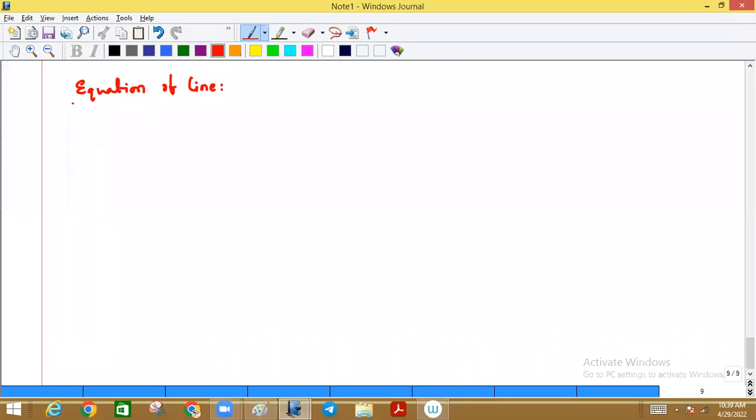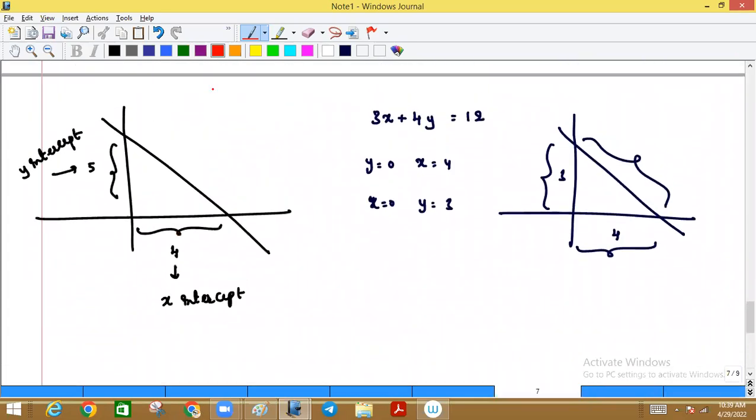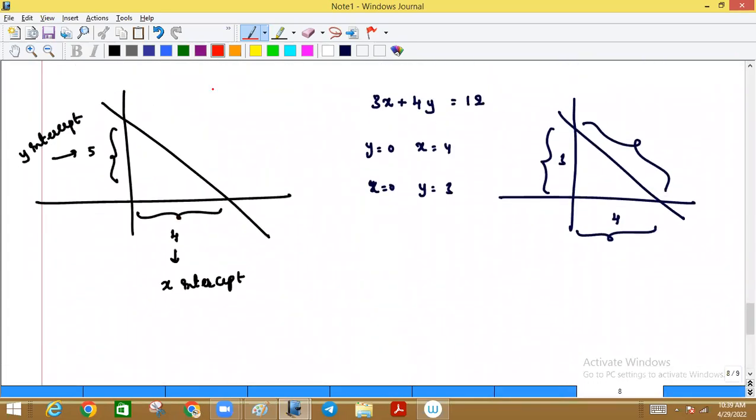Put the heading as equation of line. You want to copy this quickly. To get x-intercept, write down a point first.